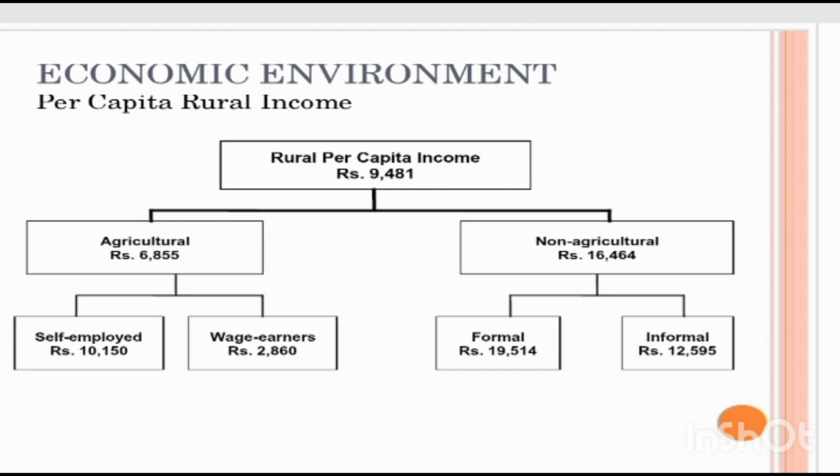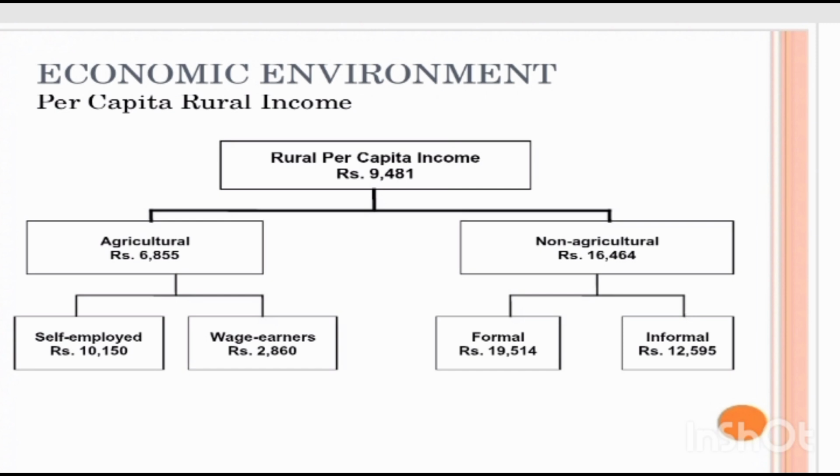Within this sector, there are notable differences. Self-employed individuals in agriculture report a higher per capita income of 10,150 rupees. In stark contrast, wage earners in the agricultural sector earn significantly less, with a per capita income of only 2,860 rupees. This disparity highlights the vulnerability of agricultural laborers.